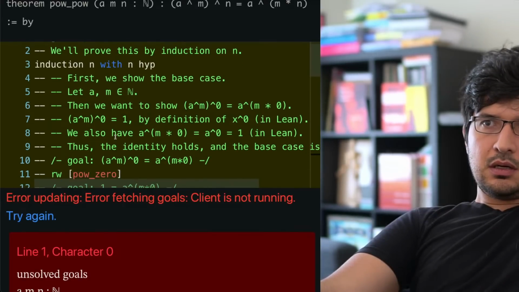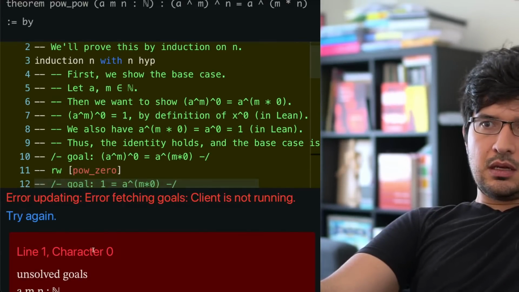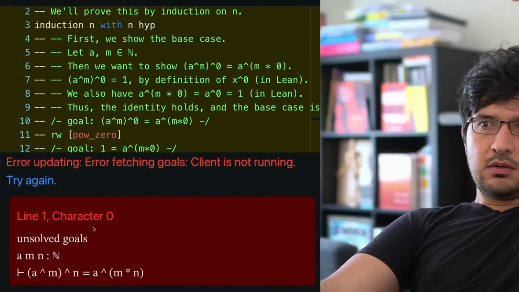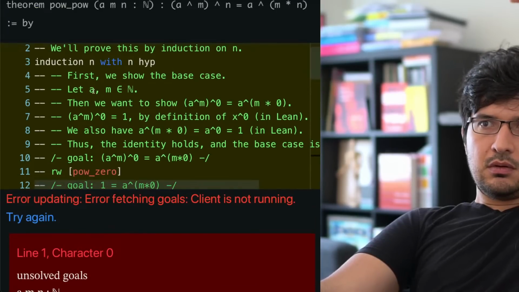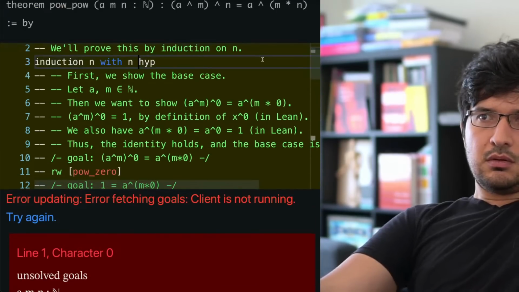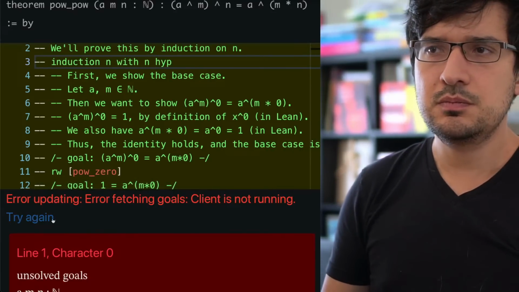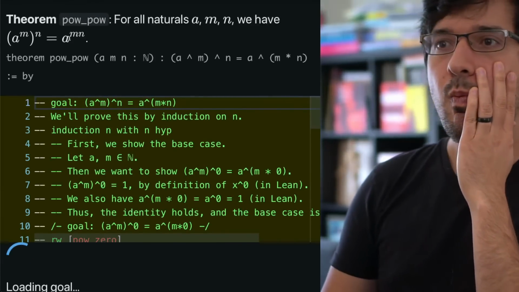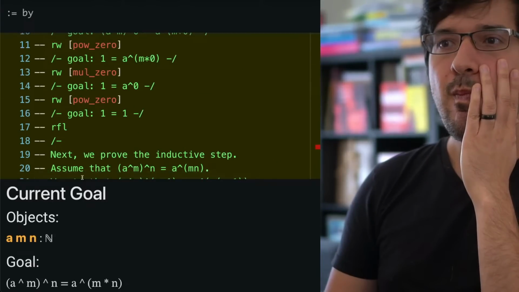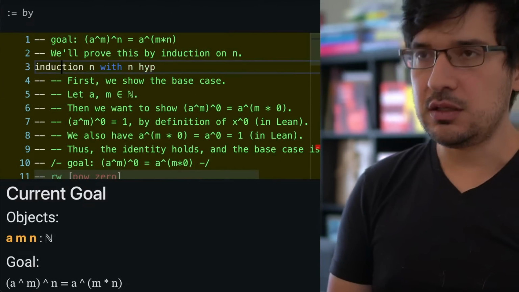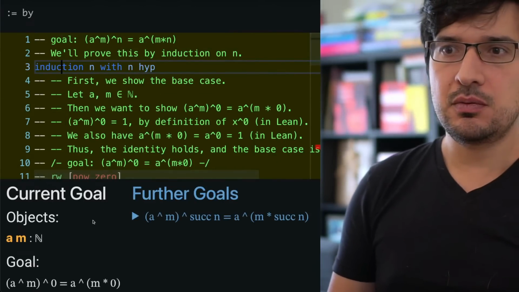Induction on n with n and hypothesis. What happens if we comment this line as well? What happens if I refresh the browser? What happens if I uncomment our first line?